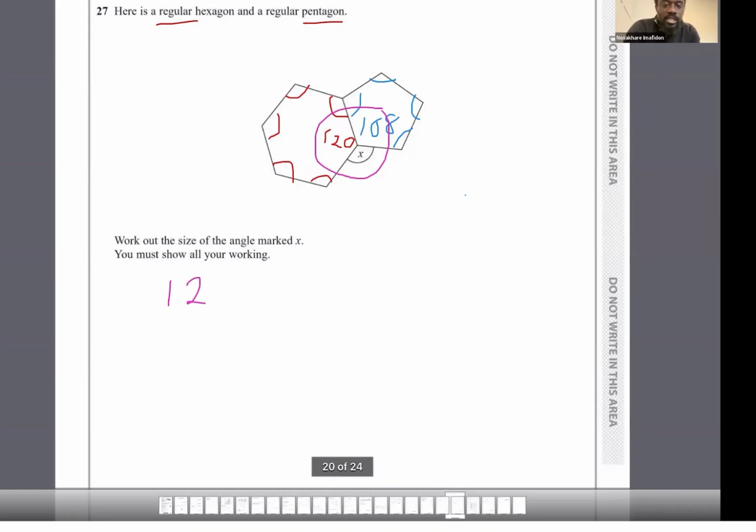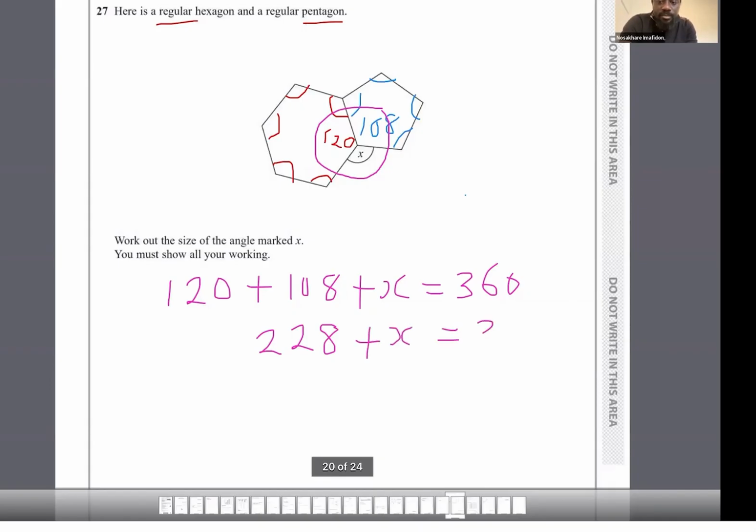So 120 plus 108 plus the angle X, which we are asked to find, should give us 360. So 120 plus 108 is 228. So 228 plus X is equal to 360. And from here, we can find what our X is.